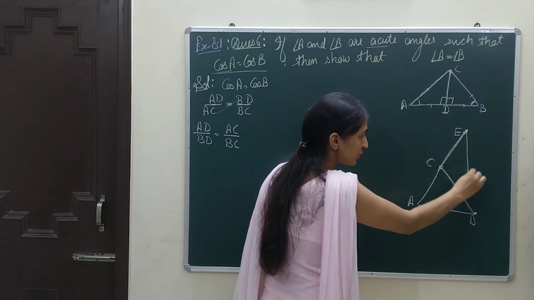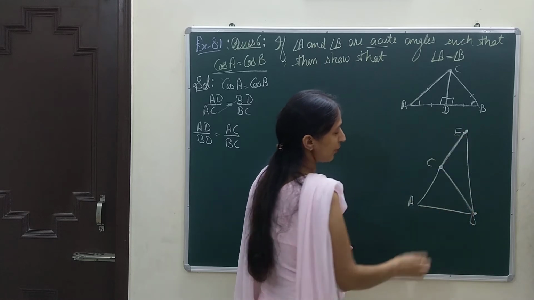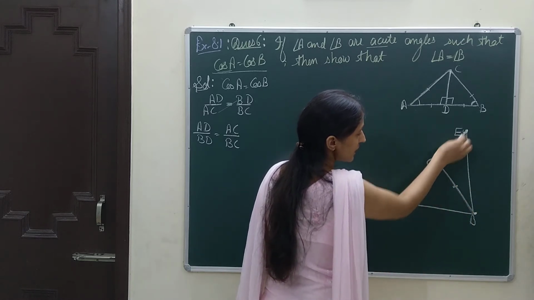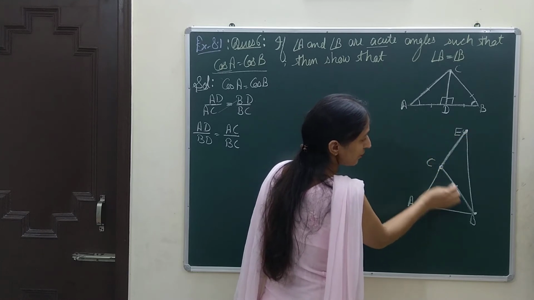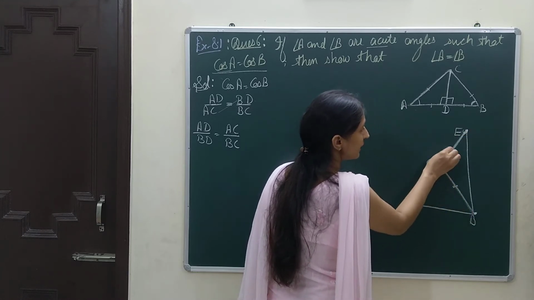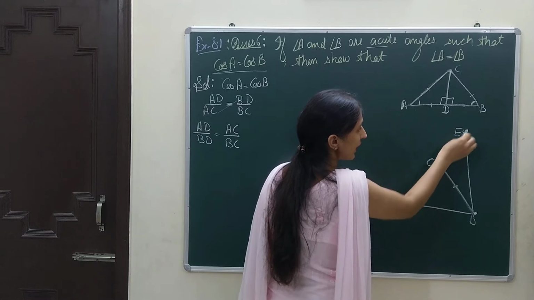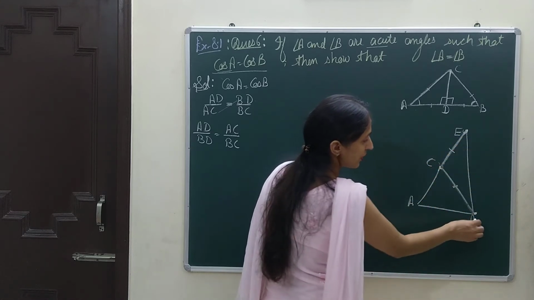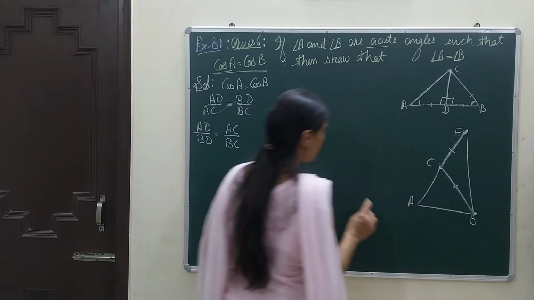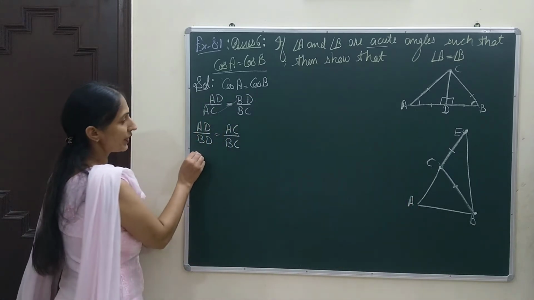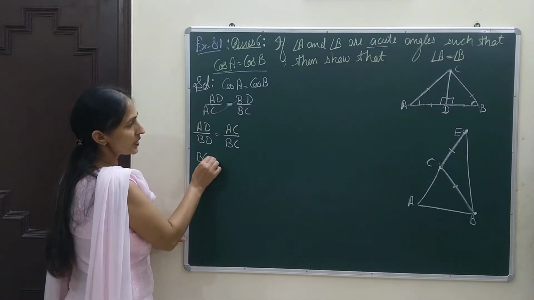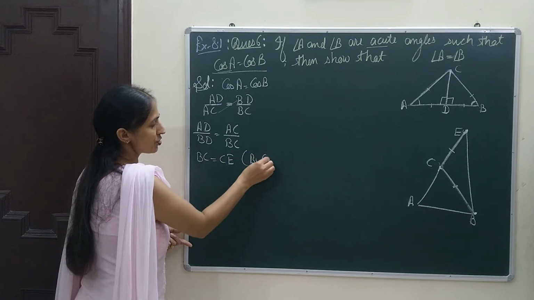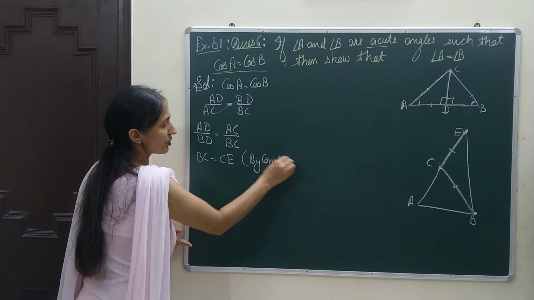After that I will join B and E. So I have extended this CE length same as BC. Both these lengths are equal. By construction I have done this step. I will write here that BC is equal to CE by construction.